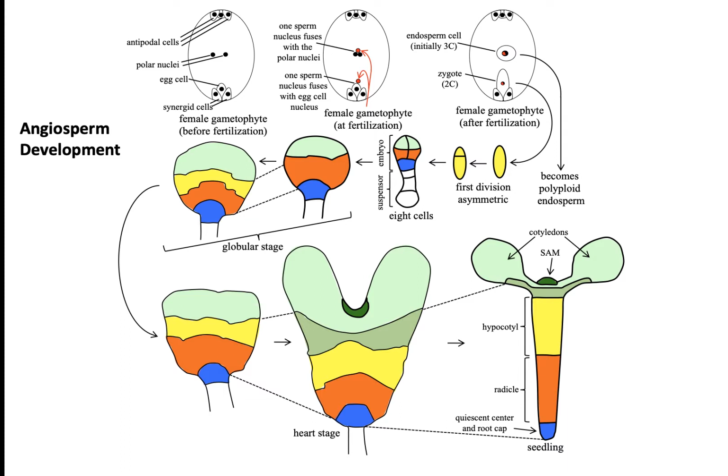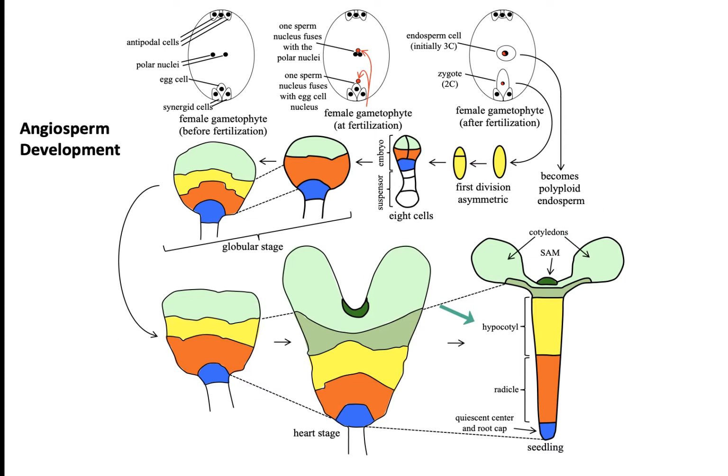The initial cell division of that zygote is asymmetric, and the small cell on top eventually becomes the embryo, and the lower portion becomes the suspensor, which attaches this embryo to the ovary of the plant. Right away, there's differentiation of those cells and the tissue that's formed from them, so that the top part becomes eventually the shoot apical meristem.